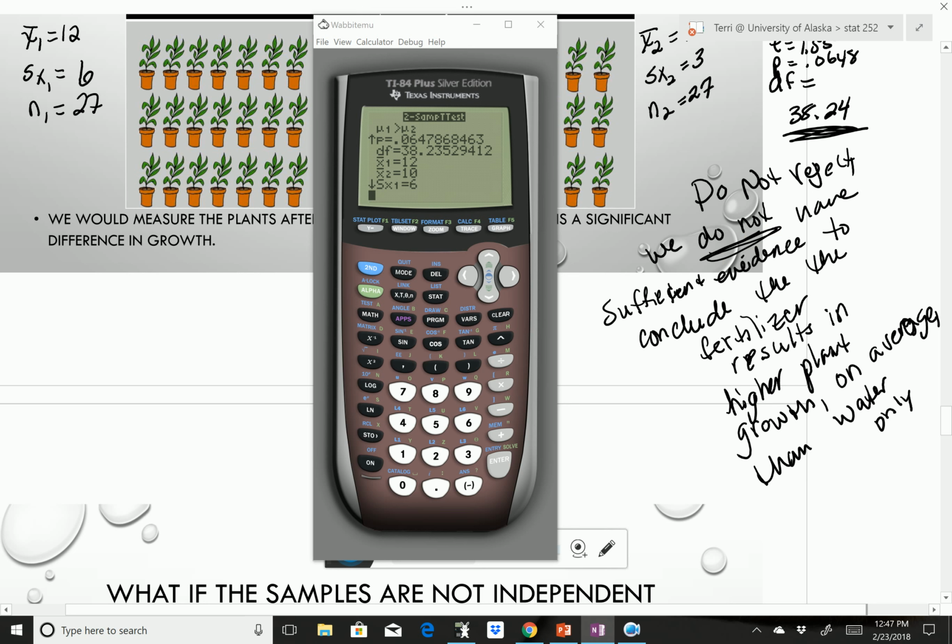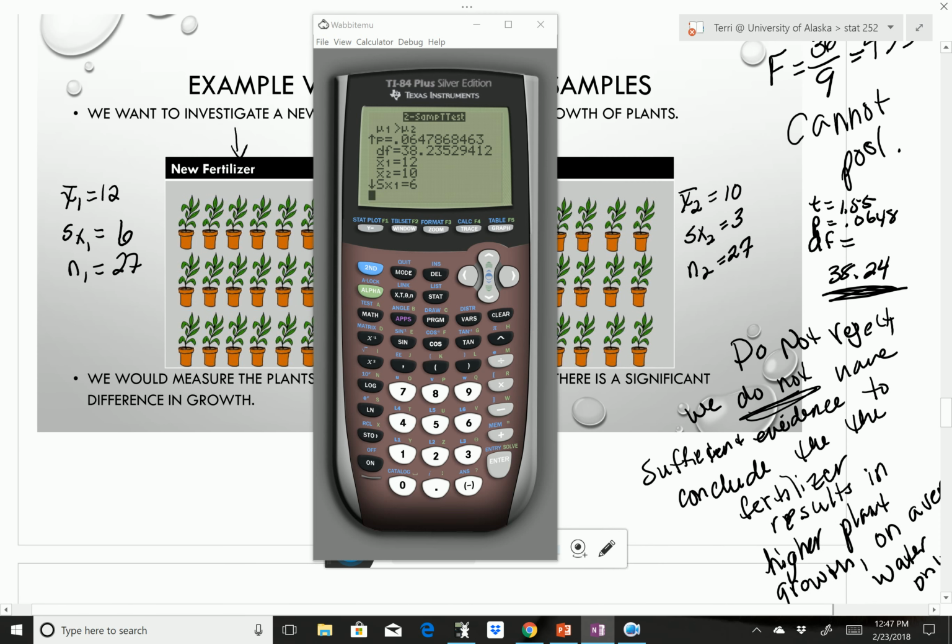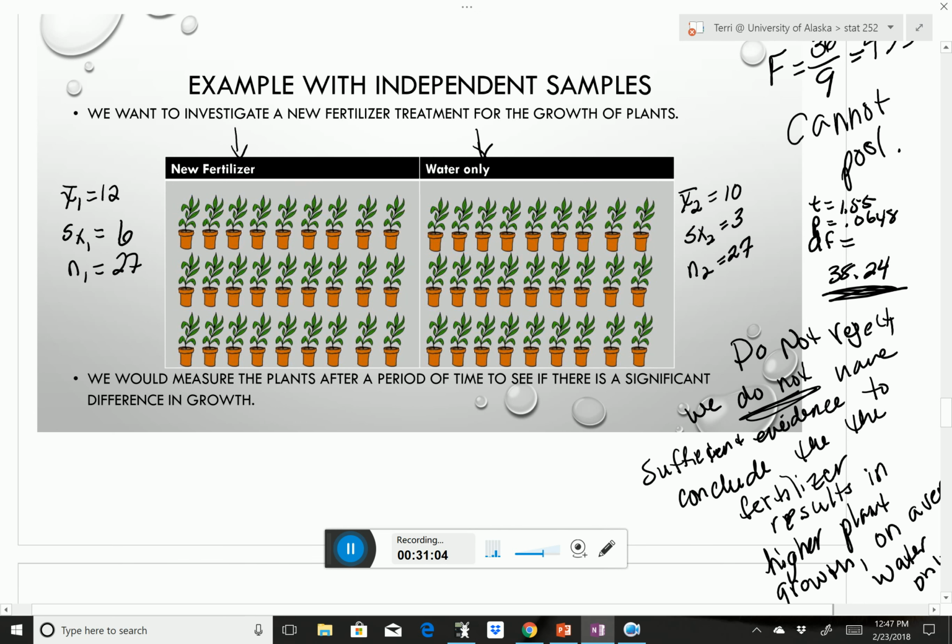Now, one of the reasons that we don't isn't so much the difference between pooling and not pooling. The biggest issue that we have is the variability of this one. Because if you think about it, these are both normal distributions. If this is normal somewhere around here, this one is a lot more variable.